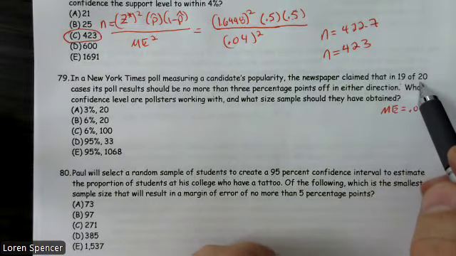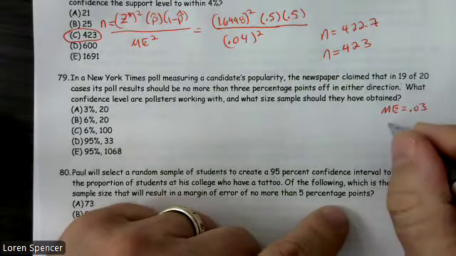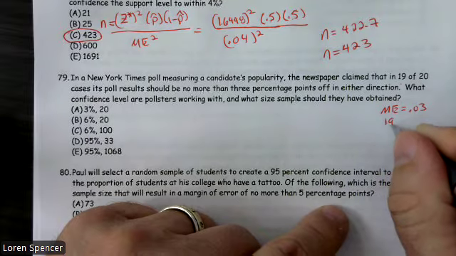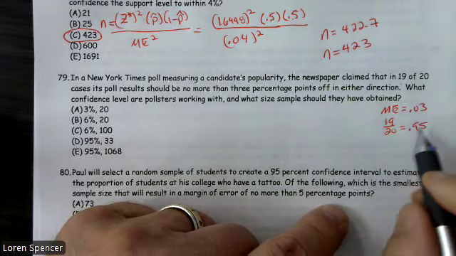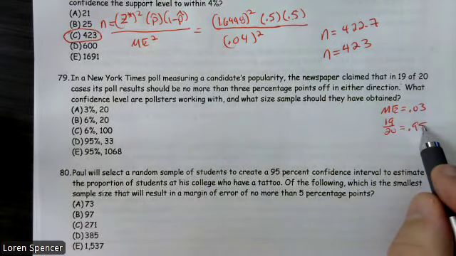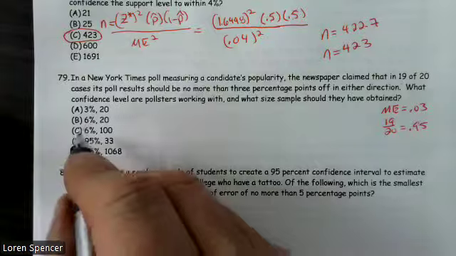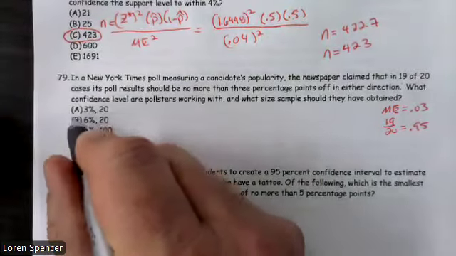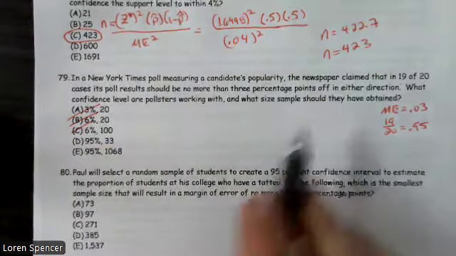So they said 19 out of 20. Well, 19 out of 20 means 19 divided by 20, that's 95%. So basically we have a 95% confidence level. What is the confidence level? Well, we just found out that it was 95%. So we know we're dealing with D or E. And they said, what sample size should they use?